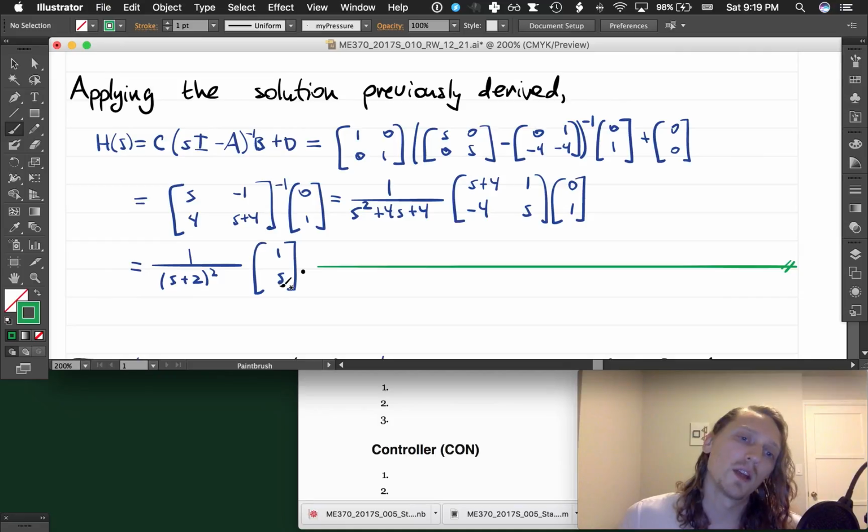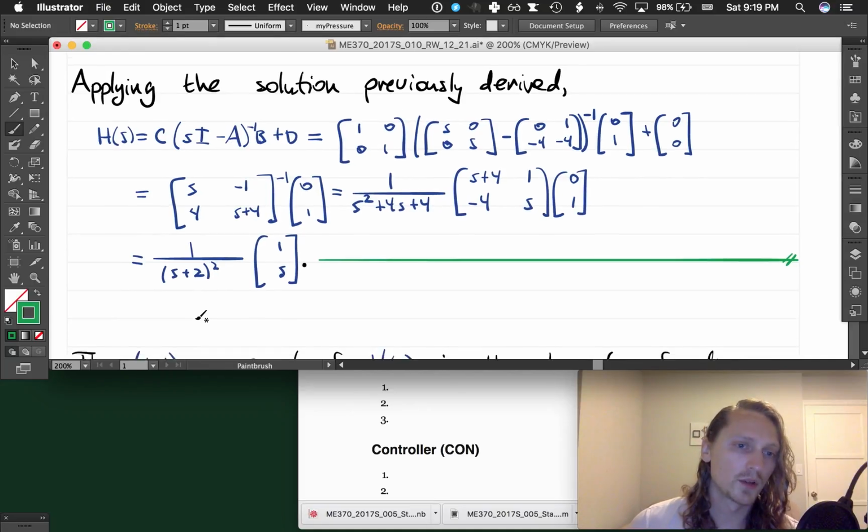And this transfer function, s divided by s plus 2 squared, describes the relationship between the single input we have and y2, our second output. So those are our two transfer functions.